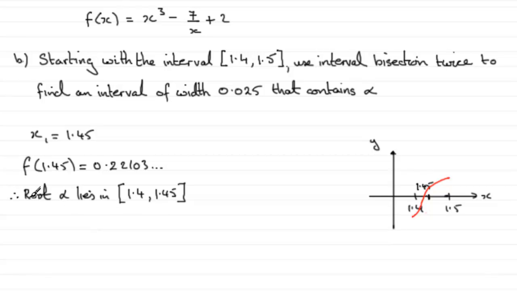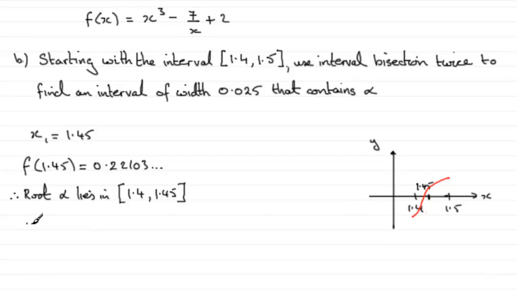So we've established that. We've done the bisection method once. Now we need to do it again. So what I need to do is cut this interval from 1.4 to 1.45 in half. We're going to look at the midpoint of this.